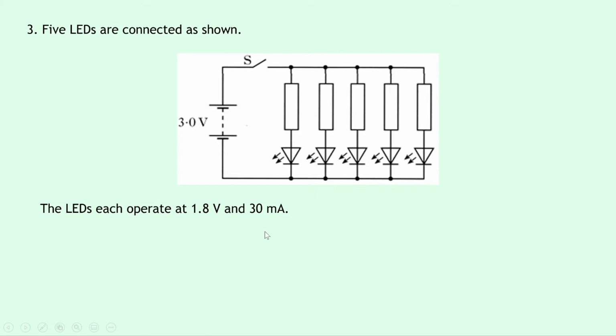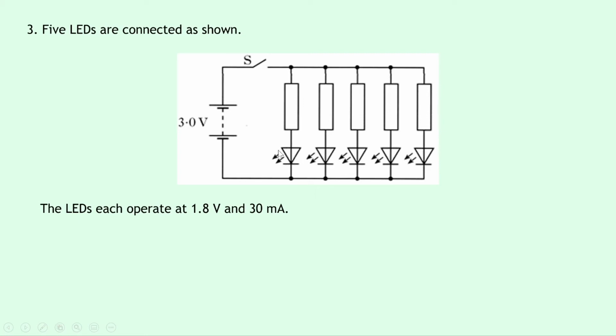So if we're trying to find the resistance of one of the series resistors, then we need to find the voltage across one of the resistors first and the current passing through it as well. The first thing to notice then is that, just like we did in questions 1 and 2, if the current passing through the LED is 30 milliamps, then the current passing through the resistor is also 30 milliamps.